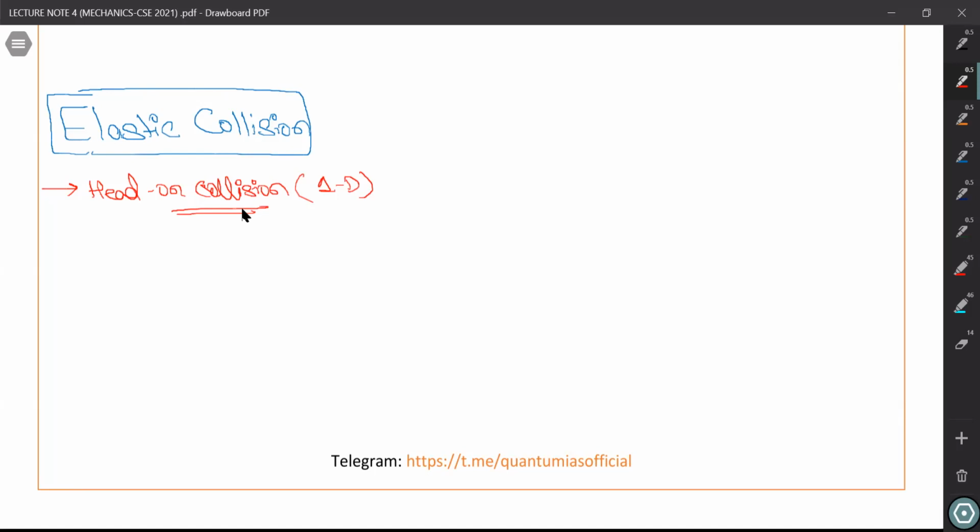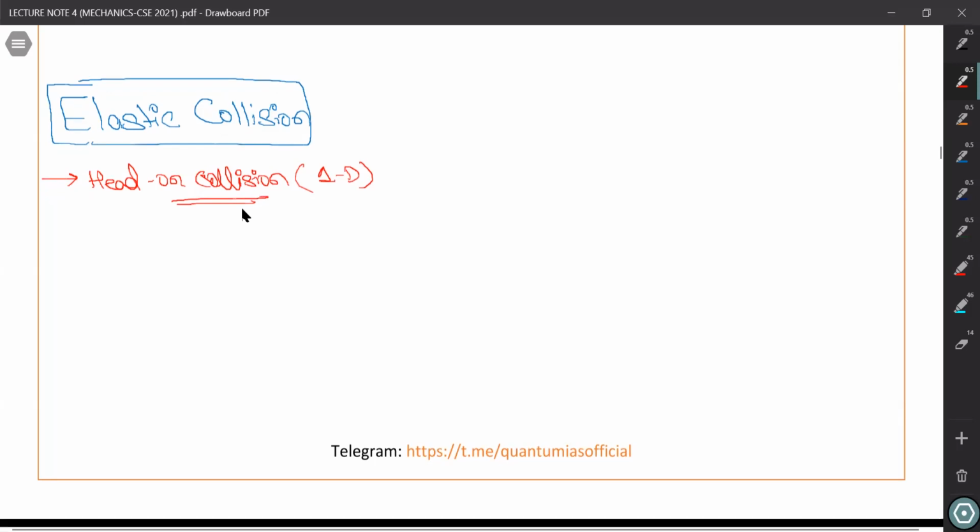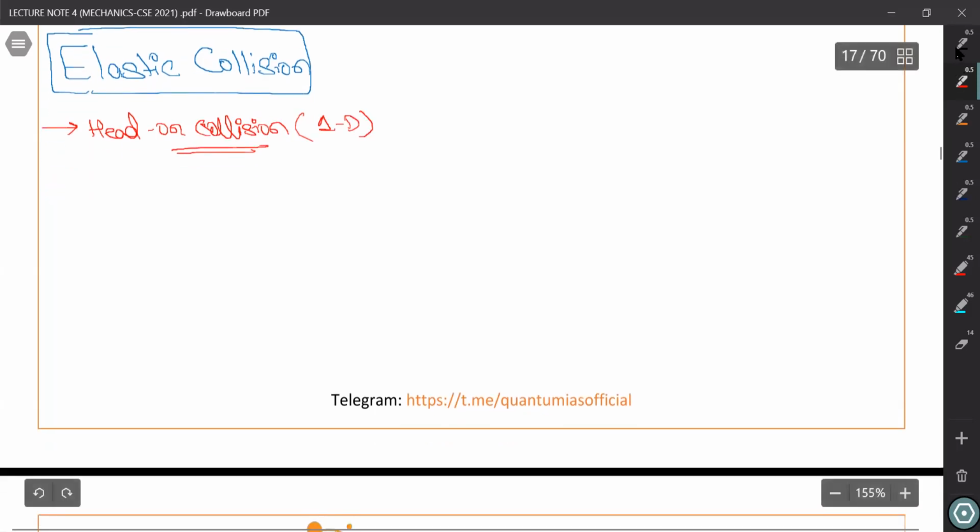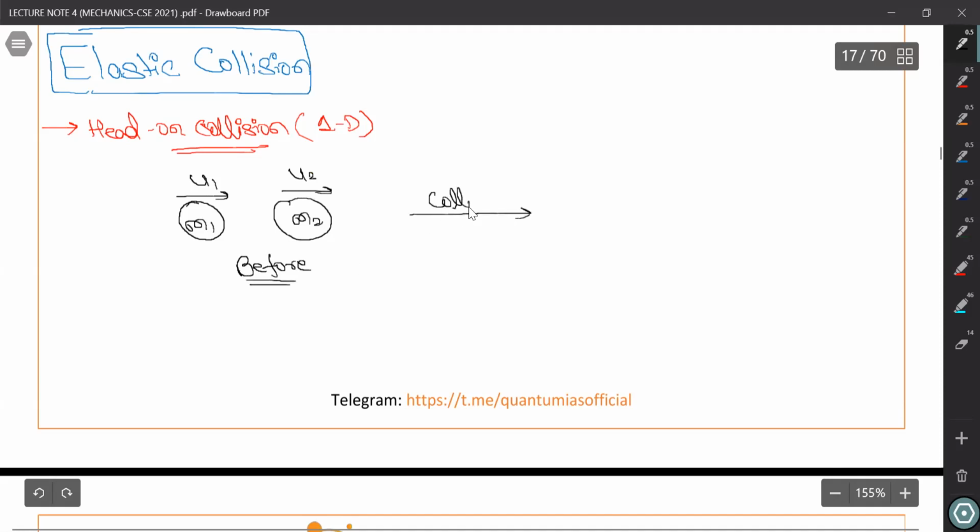But the center of mass frame of reference is not so much useful in this because it's also very easy to understand. So let's suppose before collision m1 is traveling with u1 and m2 is traveling with u2. So this is the case before they collide, and after the collision v1 and v2.